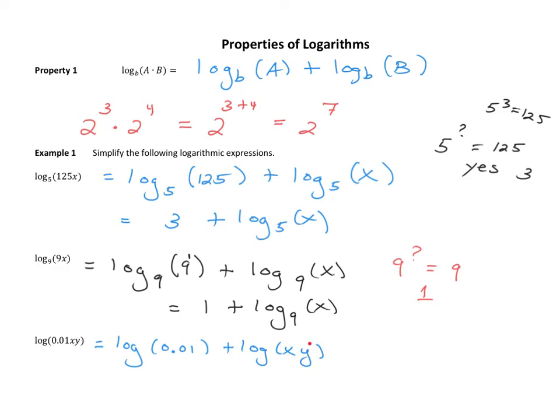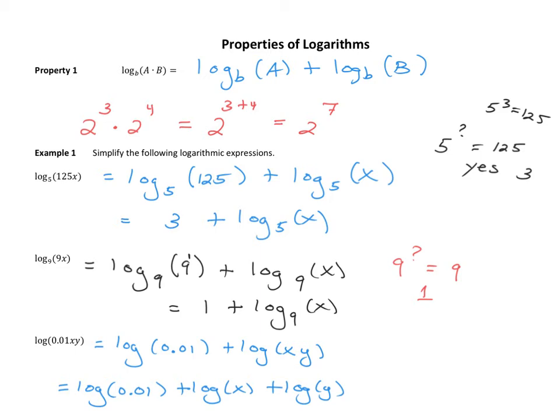You can break this thing apart into a sum of two things as well. In fact, you could have done this as your first step. You could have said, all right, this is log of 0.01 plus log of x plus log of y. You can apply this rule as many times as necessary. If you had like 6 or 7 things inside of here being multiplied together, you could just write them out as a sum, and that'd be completely acceptable.